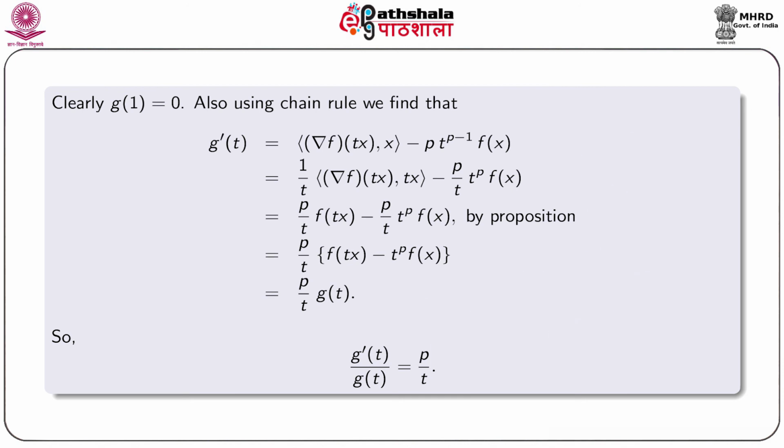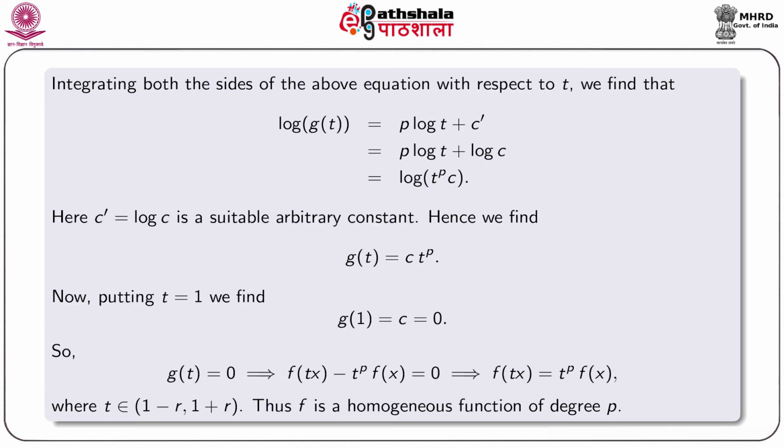Consequently, the ratio g'(t) by g(t) is p by t. Integrating both sides with respect to t, we find that the logarithm of g(t) equals the logarithm of t to the power p times c, and consequently g(t) equals c times t to the power p.